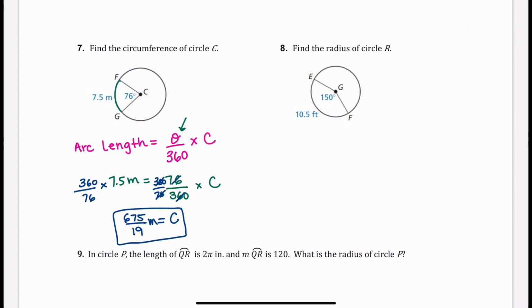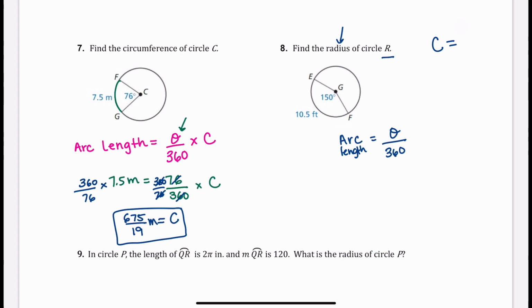Okay, now we're going to find the radius of the circle R. Now my arc length equals our angle out of 360, and then we're going to multiply that by our circumference. But I'm not trying to find my circumference, I'm trying to find my radius.